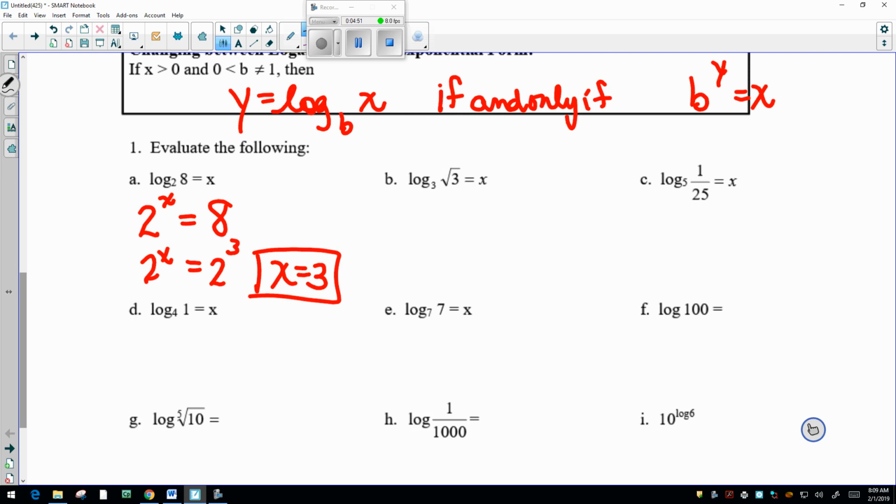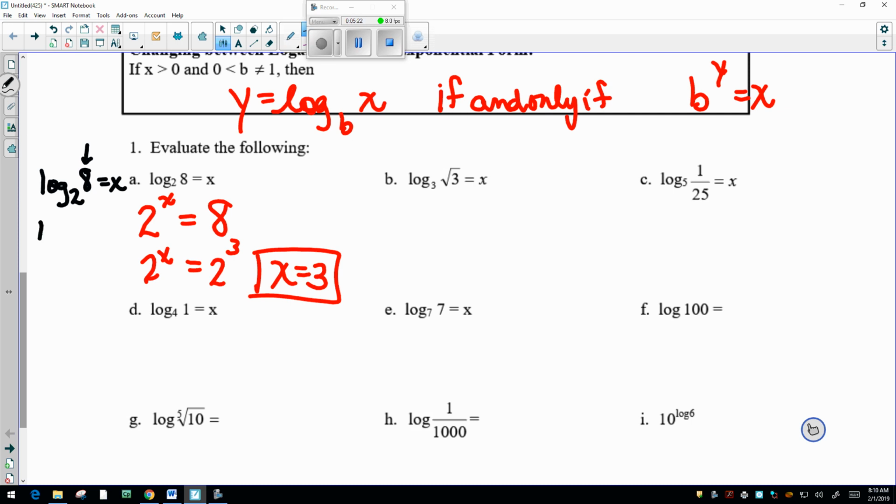Okay. Now a different way that we could solve this is by simply introducing the same base, taking your log base, raising it to your exponential base. And then since they're inverse operations, they would undo each other. So what I mean by that is if I had the same problem, log base 2 of 8, and I'm trying to figure out what that is equal to, I can do that work right in the problem.